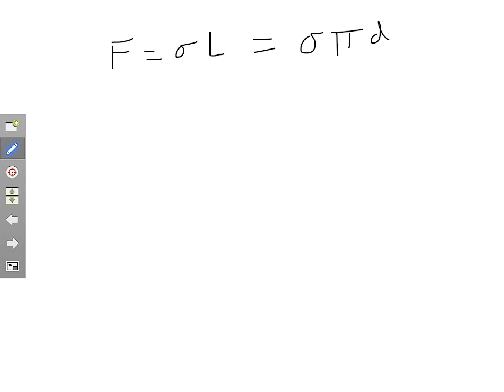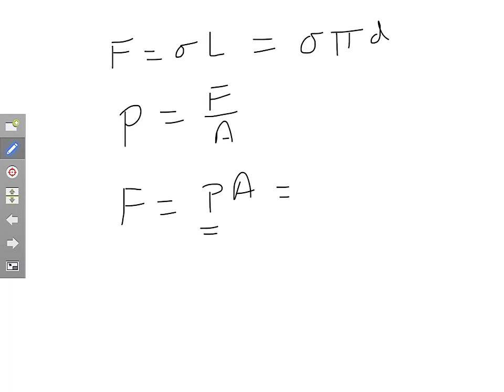And the pressure force for this, let's just do it this way. The pressure is just a force per unit area. So the pressure force is just going to be pressure times area. Pressure is what we want. The area of the droplet is just pi d squared over 4.